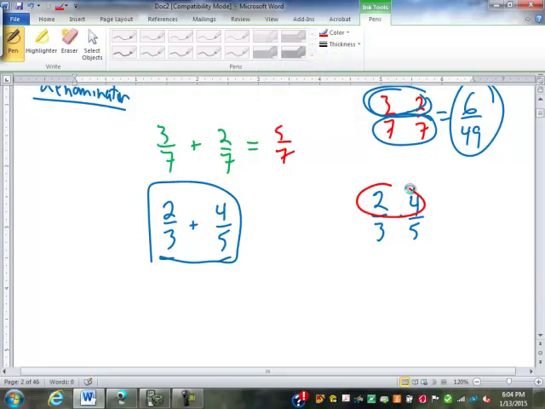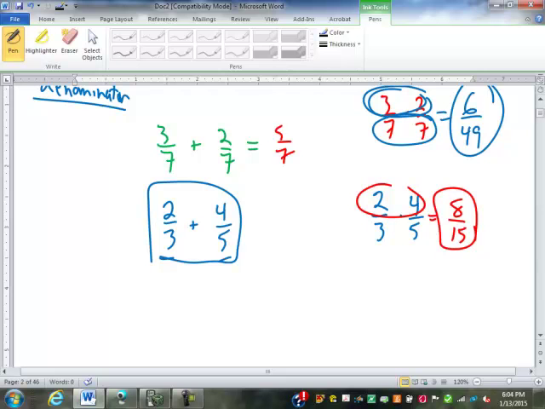So we can just do 2 times 4 is 8. 3 times 5 is 15. 8 fifteenths. Decimals and all the other forms of numbers are going to follow the same rules. We're going to get to those as we get through the night tonight, so I'll show you how those all fit in as we go.